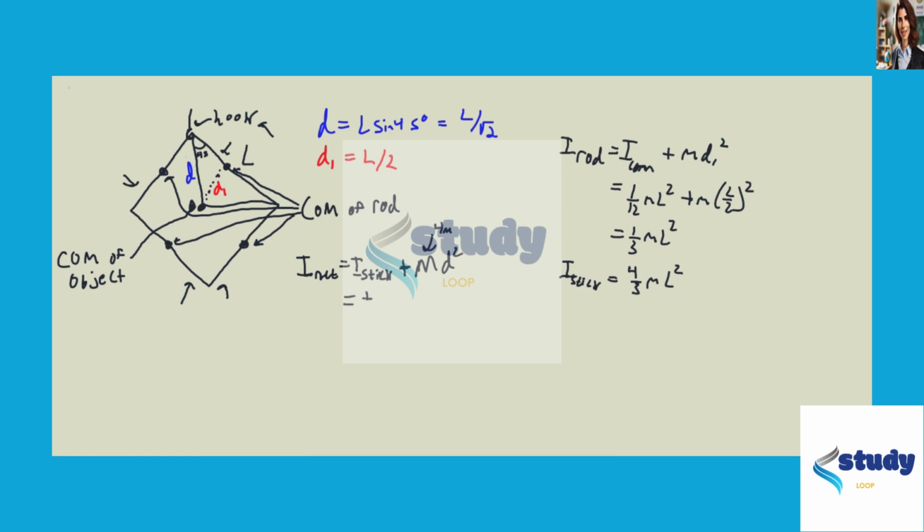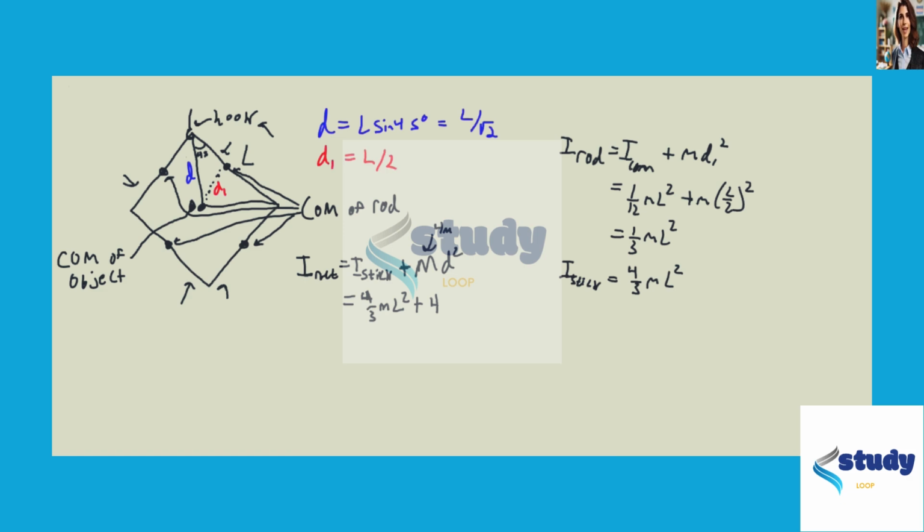So we have 4/3 little m L squared plus 4 times little m times L over root 2 squared. This is 10/3 little m L squared. So this is now the net moment of inertia.